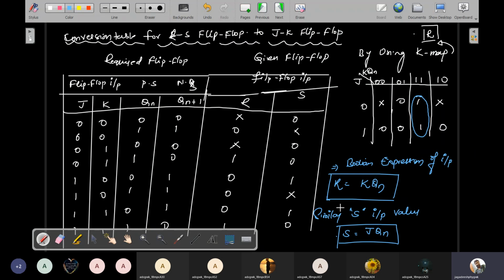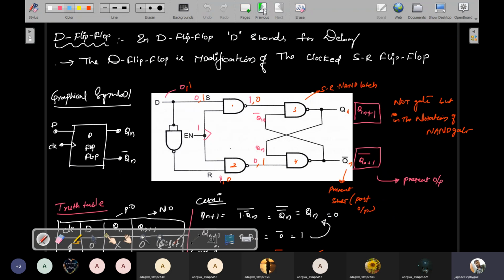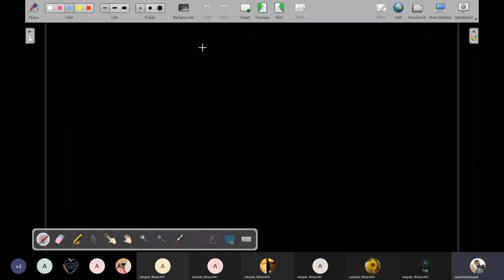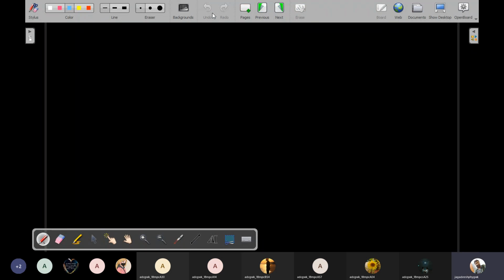So these two are the present inputs of the flip-flop. Okay. Using an SR flip-flop, you can convert it into a JK flip-flop. So right now you will give the R input as K Qn and the S input as J Qn bar. Okay. By using these two inputs, I designed a new logic circuit. So that circuit is nothing but the flip-flop conversion table.